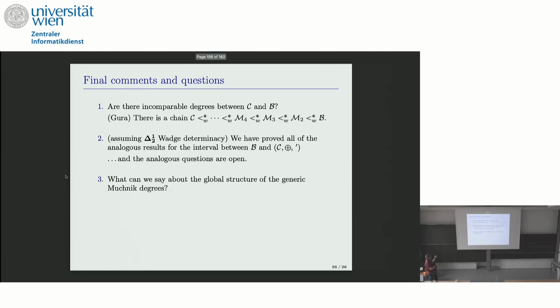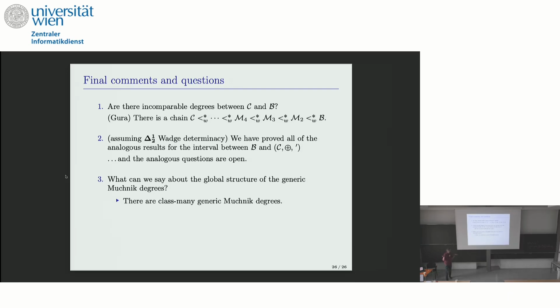But what I want to ask of this audience is, we were hyper-focused on Cantor space, Baire space, and the reals. What can we say about the generic Muchnik degrees in general? I don't think that's really been followed up on at all. They're a big structure.